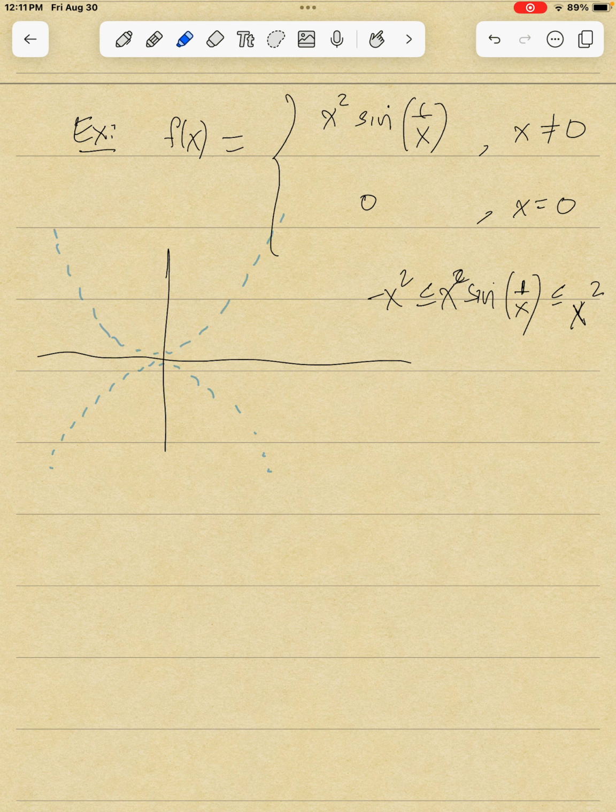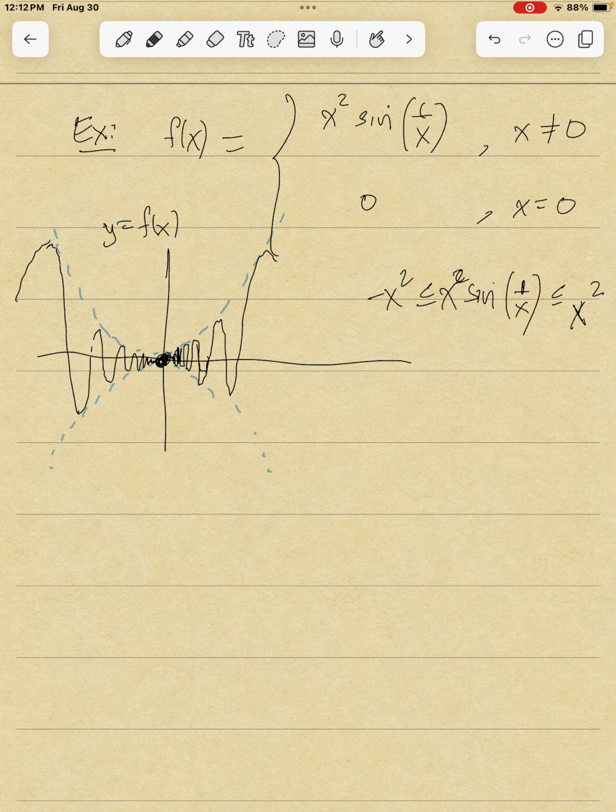Basically, this function oscillates between x squared and negative x squared, and it keeps doing that forever. It just bounces back and forth between these two parabolas forever. It's undefined at x equals 0, and then you just define f of 0 to be 0. So that's the function y equals f of x. That's what it looks like.